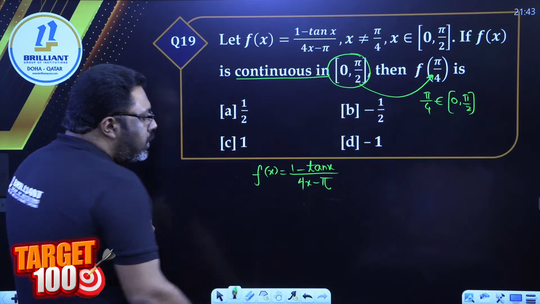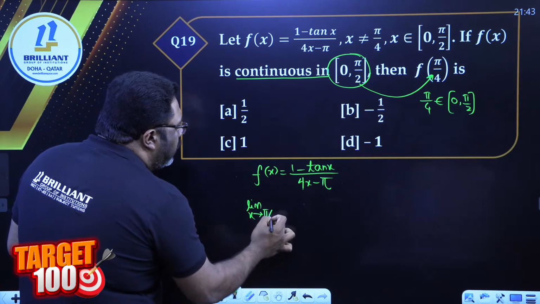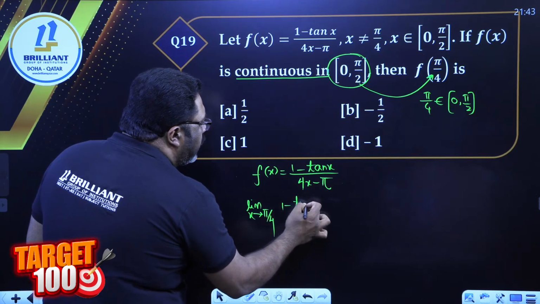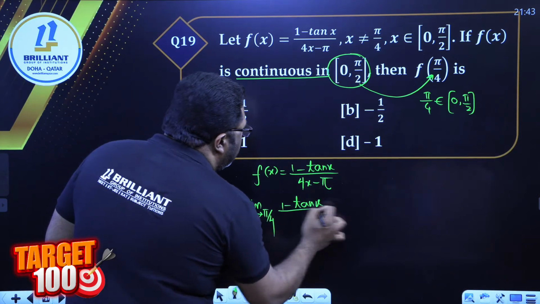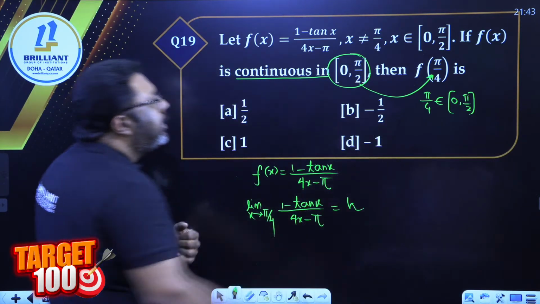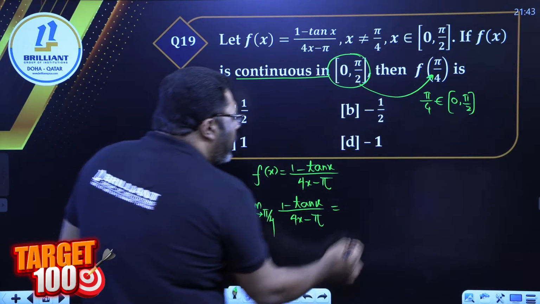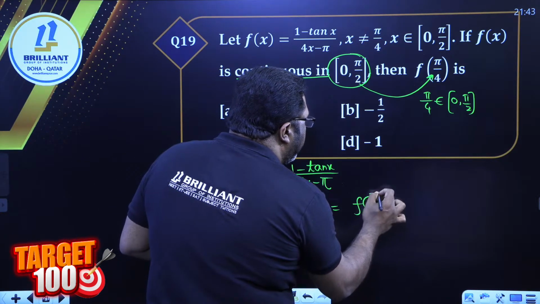So it's continuous. So continuous means what? If I try to put the limit of x equal to pi by 4 inside this function, I should get the answer for it. Let me call that answer k. I'm supposed to find the value of this. Okay, k, or if you want, you can say that is f of pi by 4.